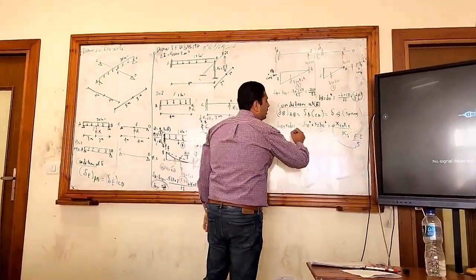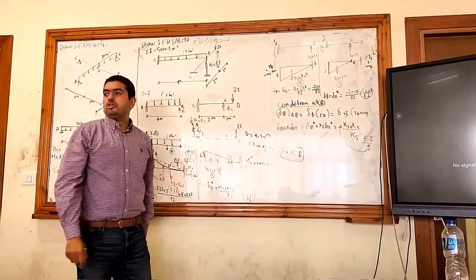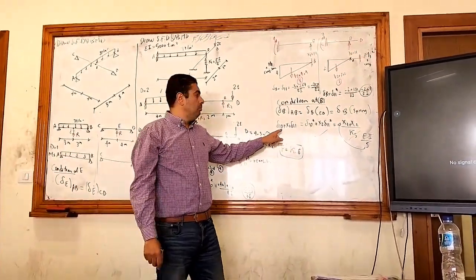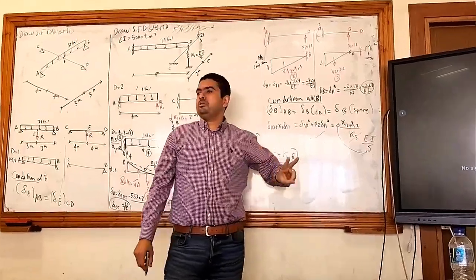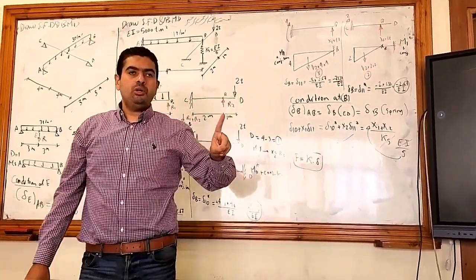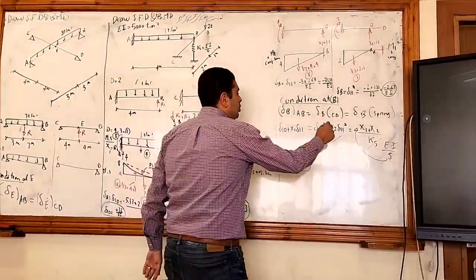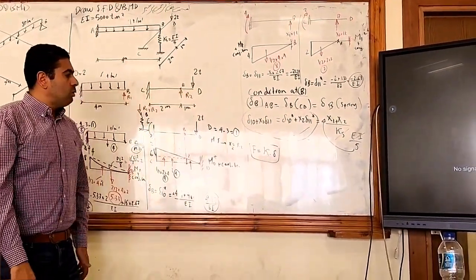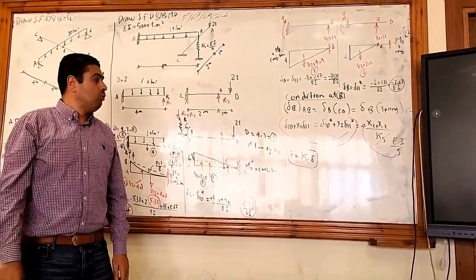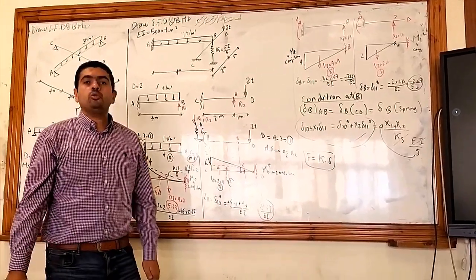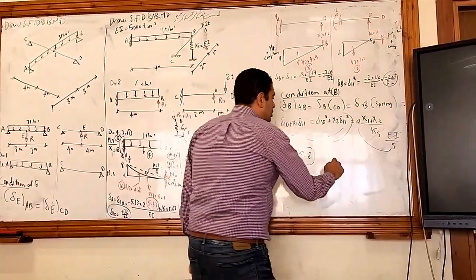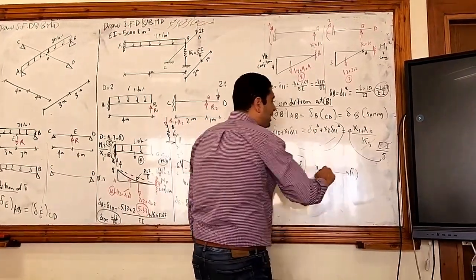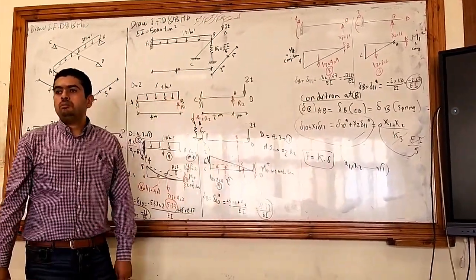How many redundancies does this equation have? 2, X1 and X2. But these are 2 equations. This is not only one equation. I will use the first 2 parts: delta 1 naught plus X1 delta 1 1 equals delta 1 naught star plus X2 delta 1 1 star. So this will be the first equation in terms of X1 and X2.